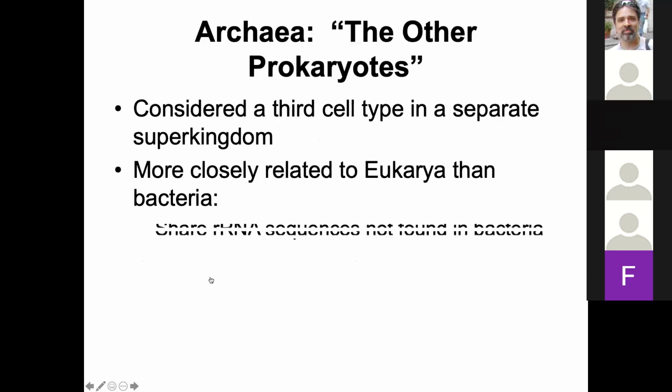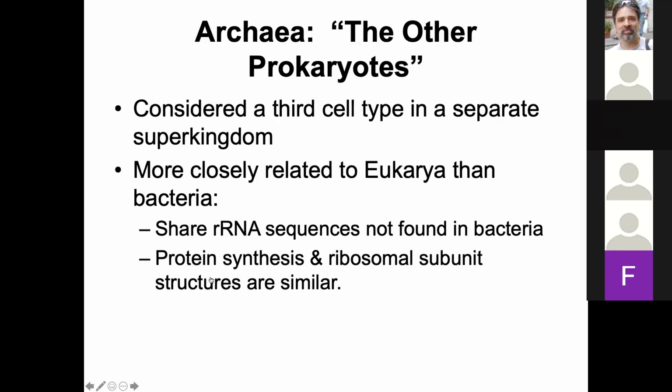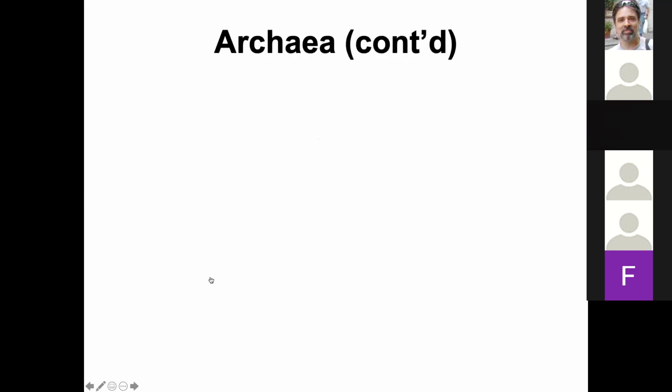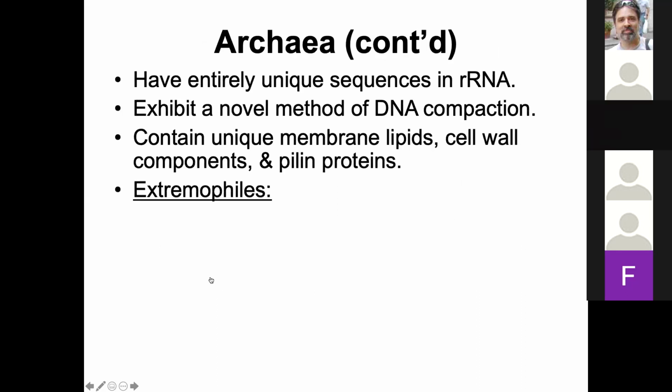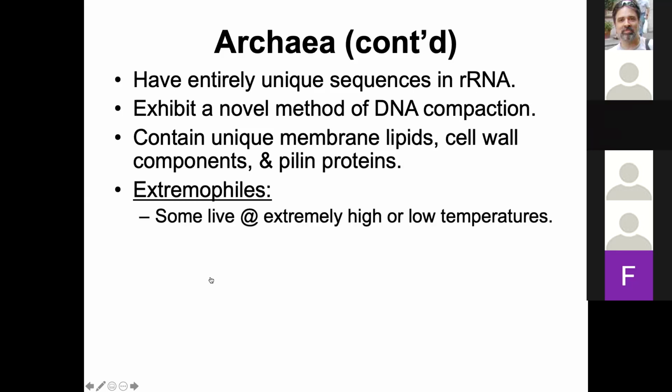The archaea are prokaryotic, but more closely related to eukaryotes than they are to bacteria, okay? And we know that by comparing their genetic information, okay? They have a unique sequence of ribosomal RNA, have a novel method of storing DNA, and have novel outer layers, including membrane lipids, cell wall components, and pilin proteins.